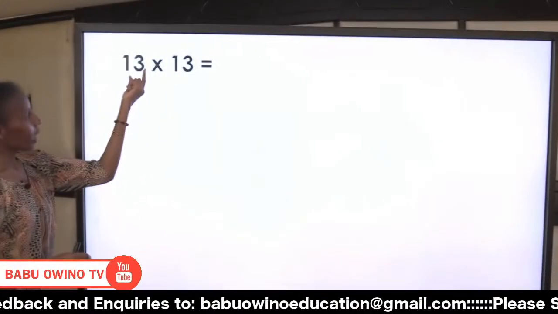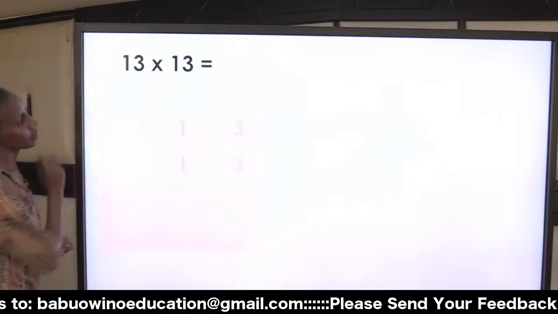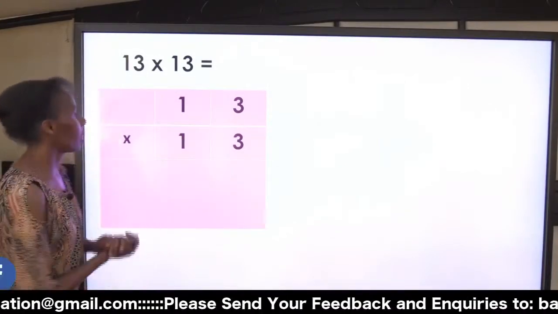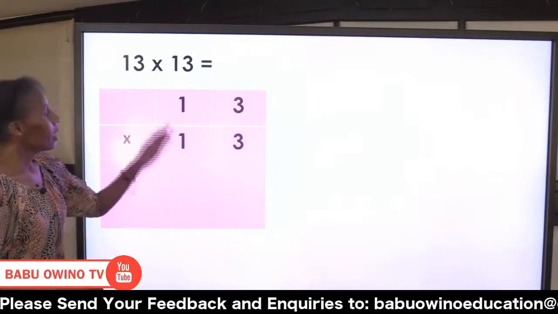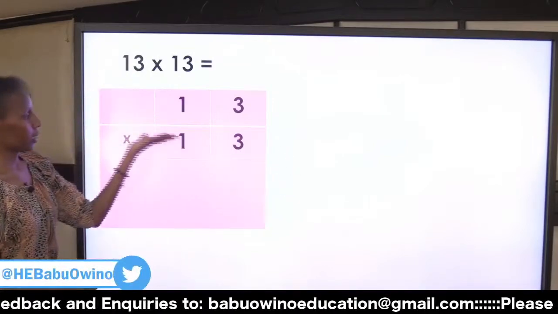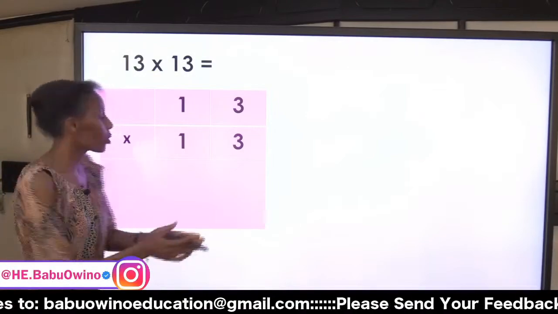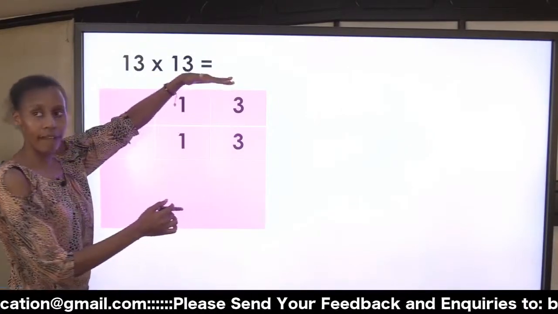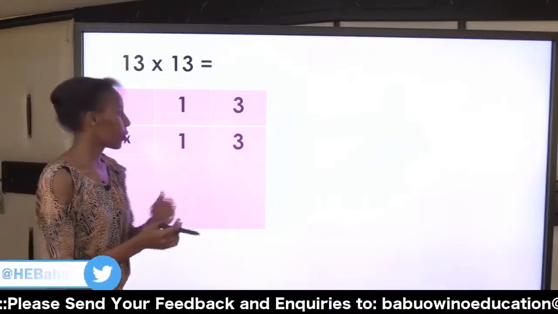Okay, so our example, 13 multiplied by 13, it's a 2-digit number, and therefore we shall use our place value table to multiply. We're going to start with the ones as we go to the tens. And remember, every time you're multiplying, you have to make sure the digits on the first row are multiplied with every digit on the lower row.